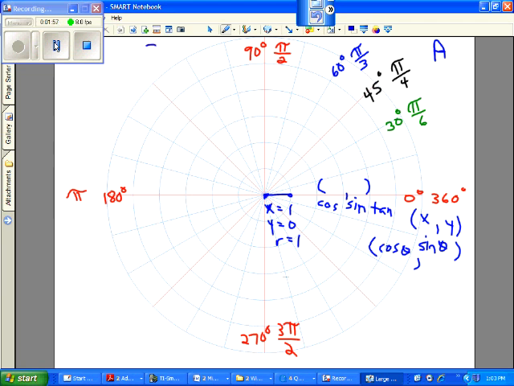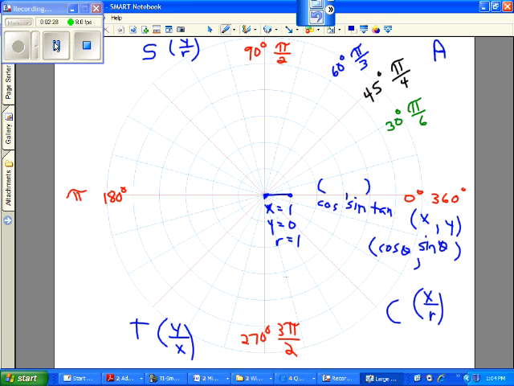In quadrant 2, sine is positive, and sine is what? Y over r. But sine is positive in quadrant 2, and sine is y over r. What's positive in quadrant 3? Tangent. And tangent is y over x. And what's positive in quadrant 4? Cosine, and cosine is x over r.